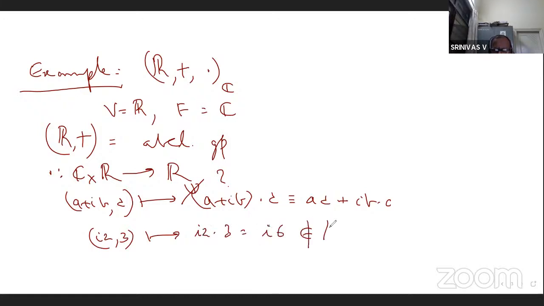This is not a real number. This is purely imaginary. Therefore, under the usual multiplication of complex numbers and the usual addition of real numbers, this is not a linear space. Here I must delete 'not', otherwise 'not' becomes 'is'. So this is a non-example, this is not a vector space.